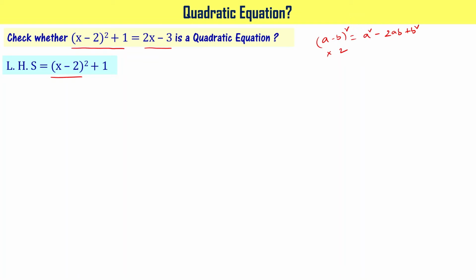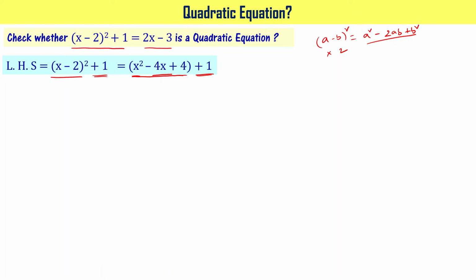Let's substitute into this formula so that we can expand x minus 2 whole square. When you do that, it becomes x square minus 4x plus 4, right? And let us add plus 1 as is. X minus 2 whole square is x square minus 4x plus 4, right?